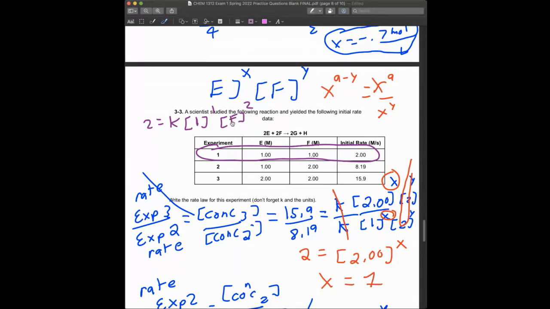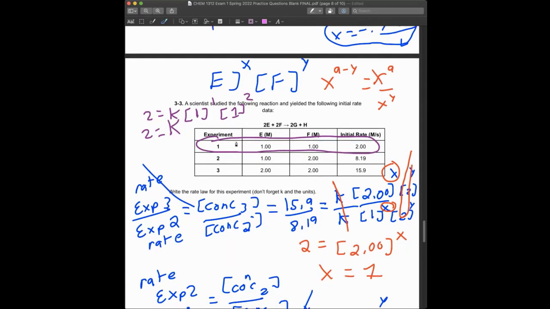So with that being said, we still have F4. So we get K is just 2. Now, on your test, the numbers probably won't be this clean. I just made it clean to show you the math and the process.